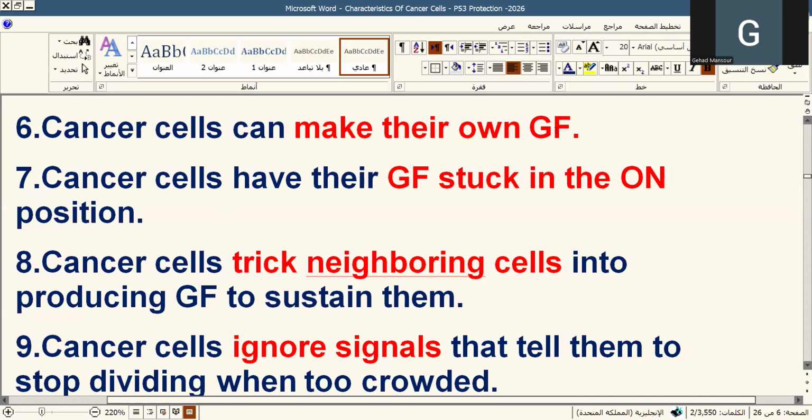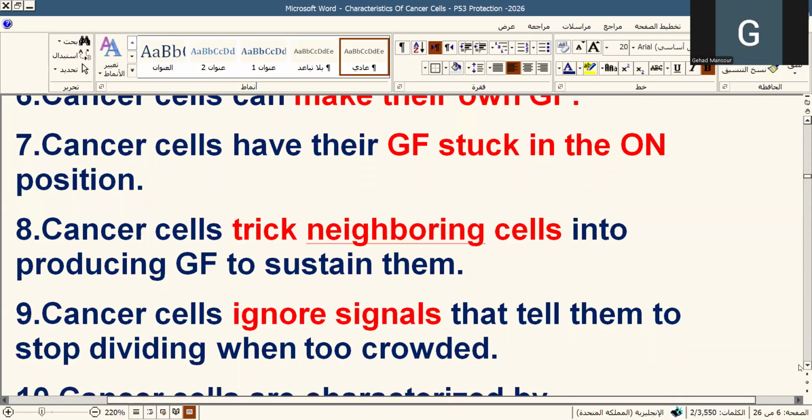Usually, normal cells need growth factor from the external environment, but cancer cells are one example of the cells that, as I've mentioned before, can produce the growth factor endogenously.